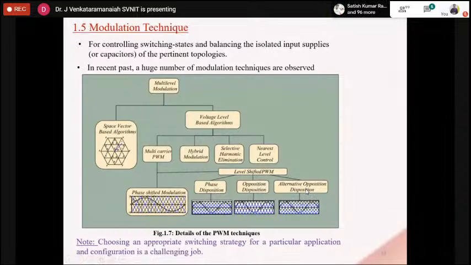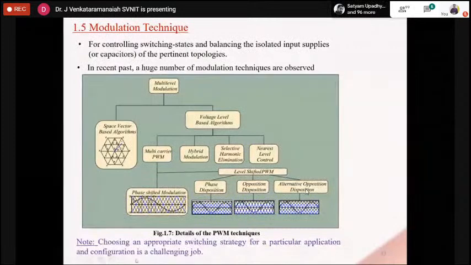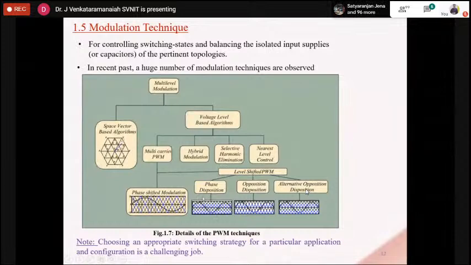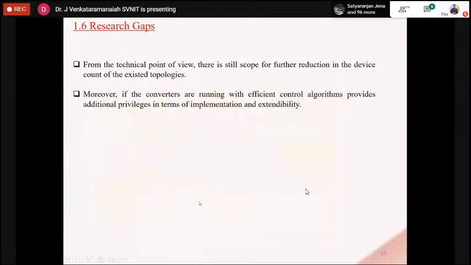So choosing an appropriate switching strategy for a particular application and configuration is a challenging task because we have so many controlling techniques. From the technical point of view, there is still scope for further reducing the device count from the existing topologies. That's why numerous topologies are still coming into the literature.